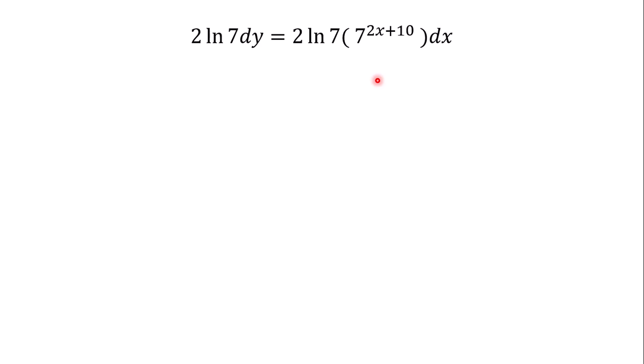But as a student, you have to know how to present your work to make it look nice. Some teachers do award some marks for nice presentation, so always let your work be presentable. So here 2 ln 7 dy is equal to 2 ln 7 into bracket 7 raised to the power 2x plus 10, bracket close, dx.